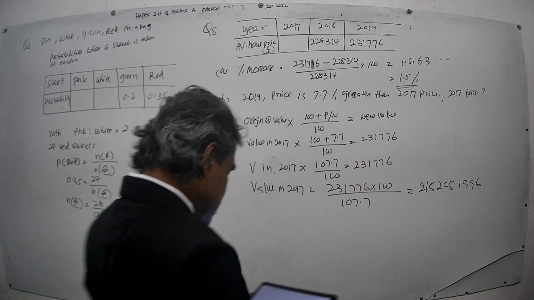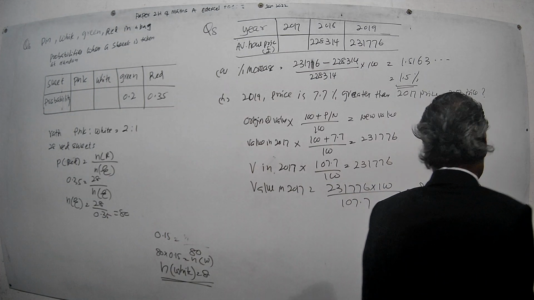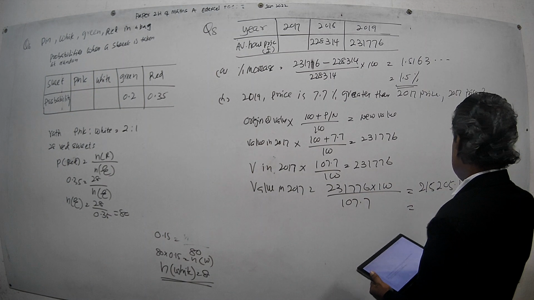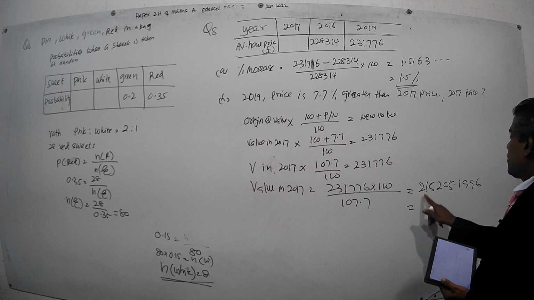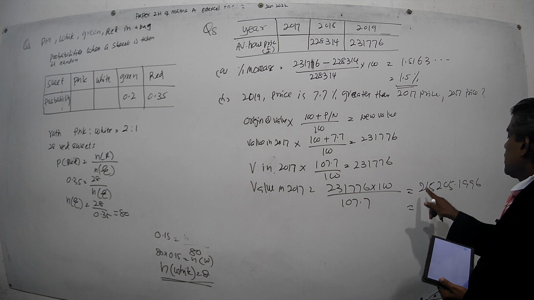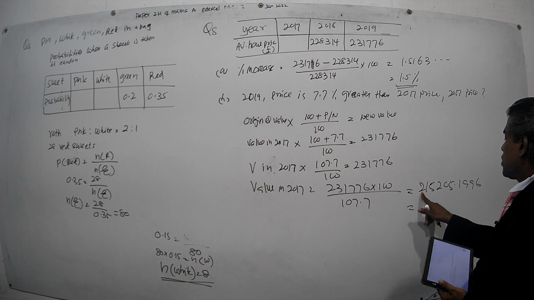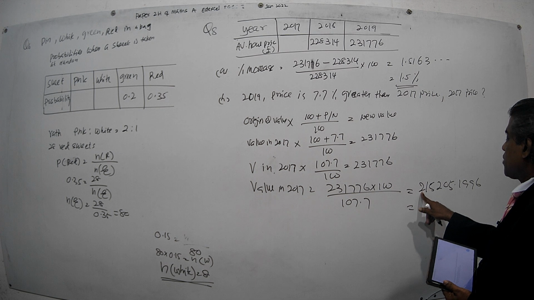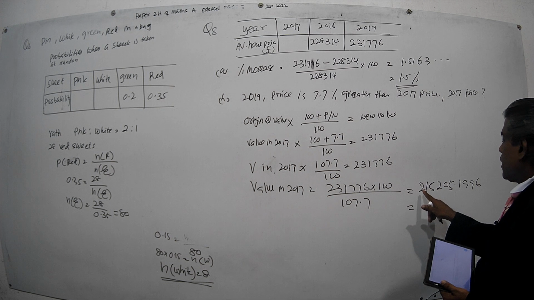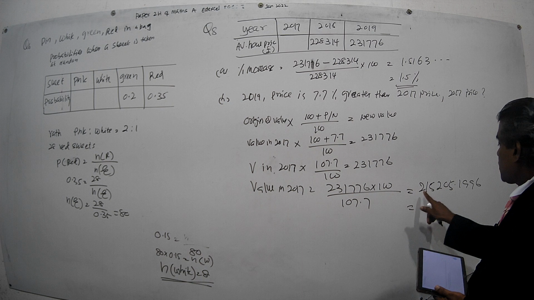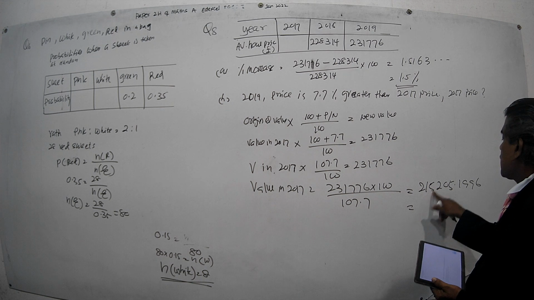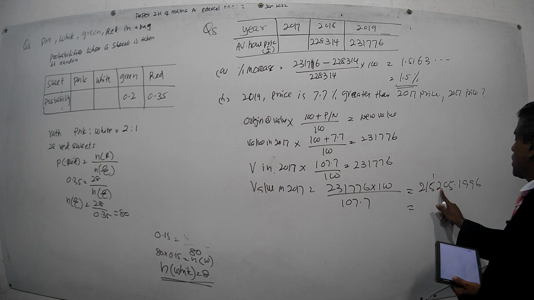Then they ask correct to three significant figures. The first significant figure is the first non-zero digit from the left, which is 2. Then the second and third significant figures are here. Then look at the fourth significant figure.